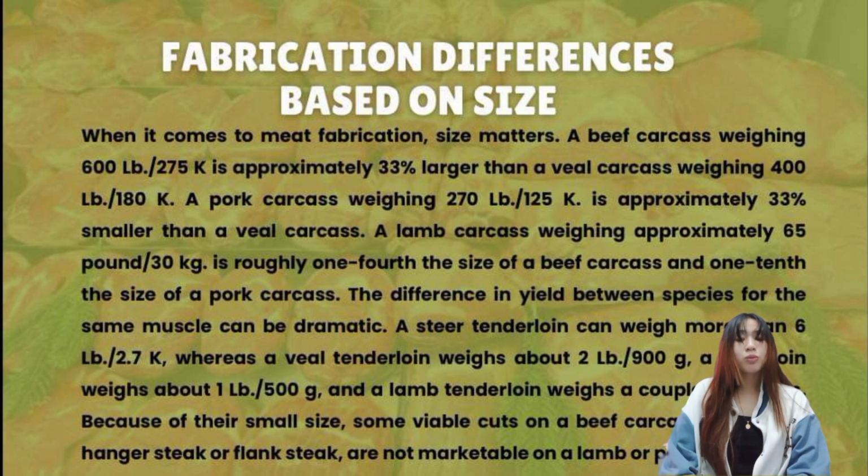A lamb carcass weighing approximately 65 pounds or 30 kilos is roughly 1/4 of the size of a beef carcass and 1/10 of the size of a pork carcass.